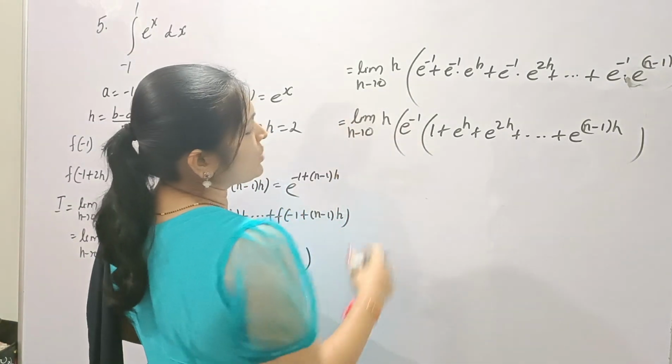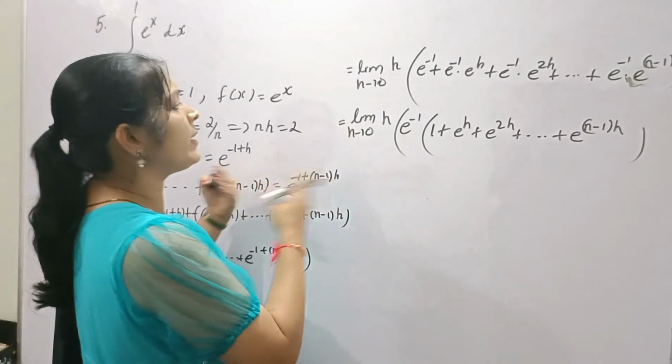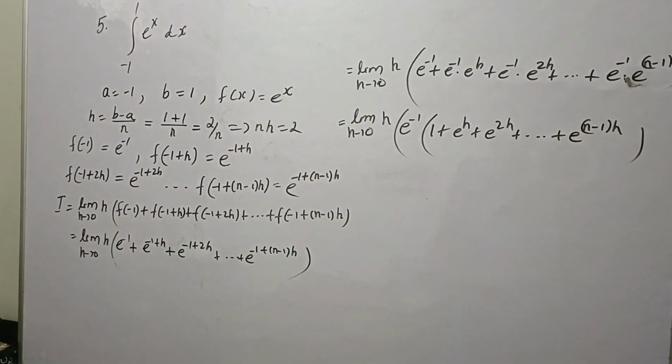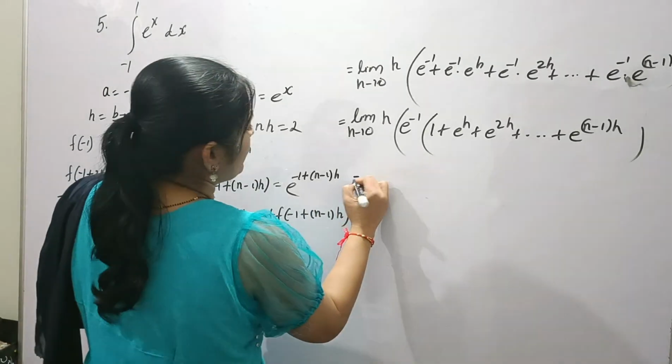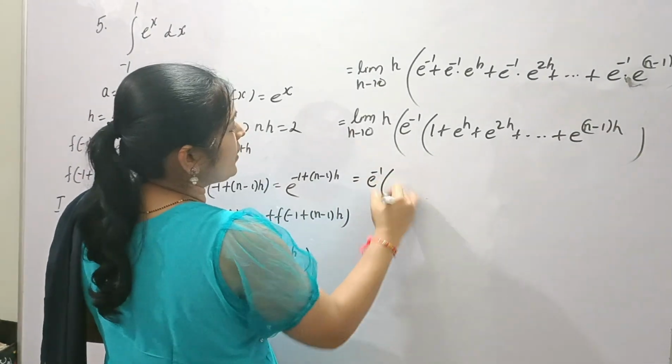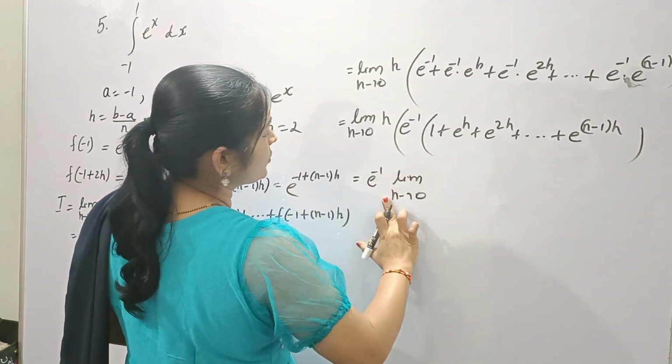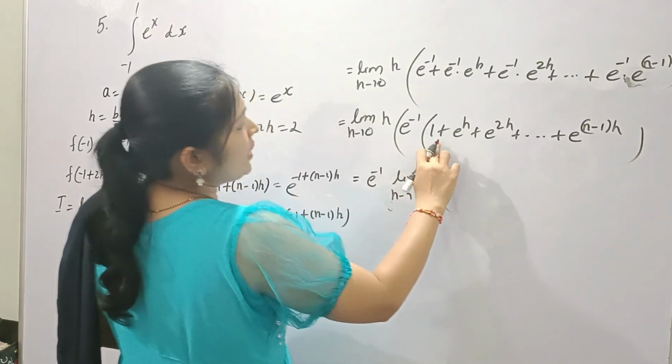E raised to minus 1 is a constant, so we can take it out from the limit.